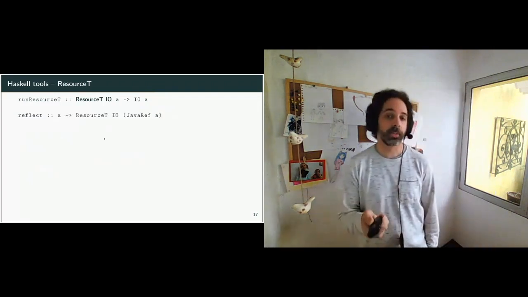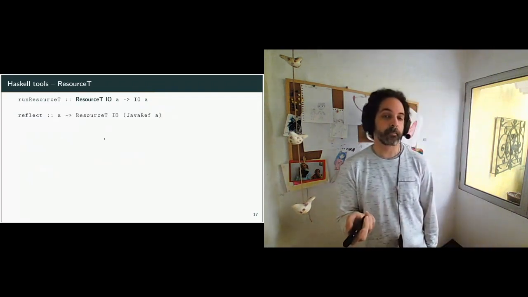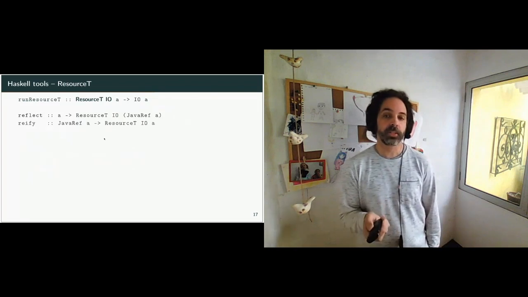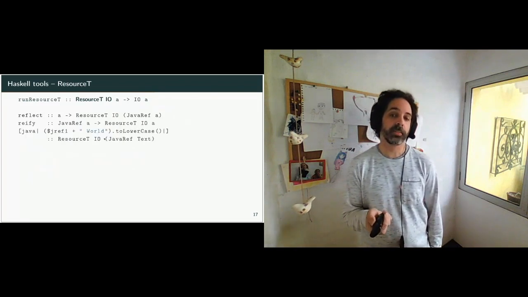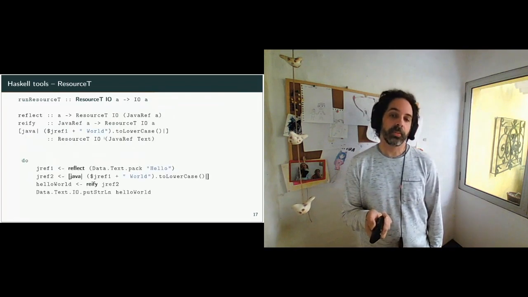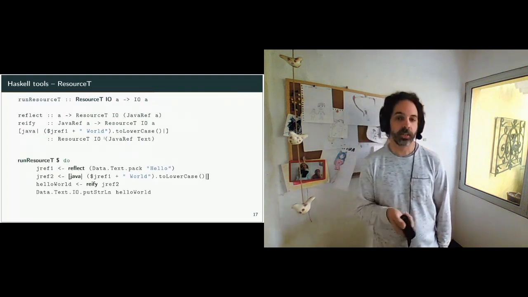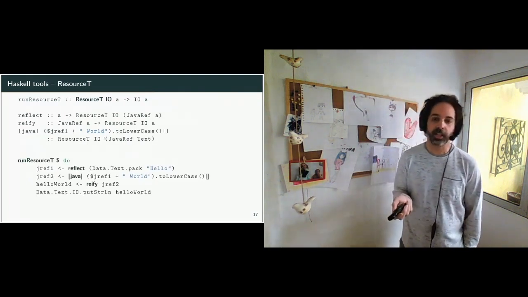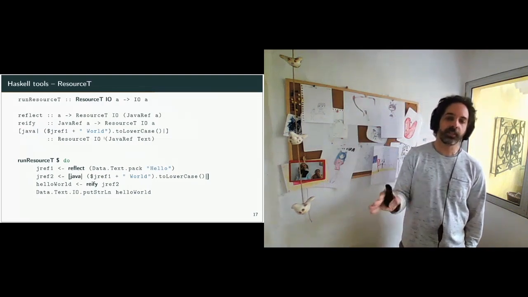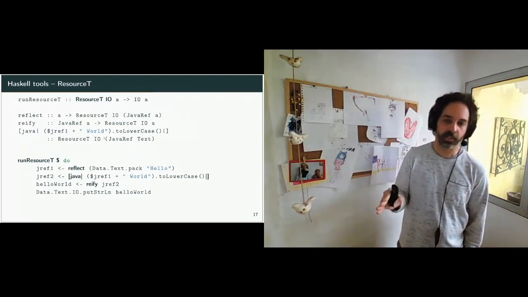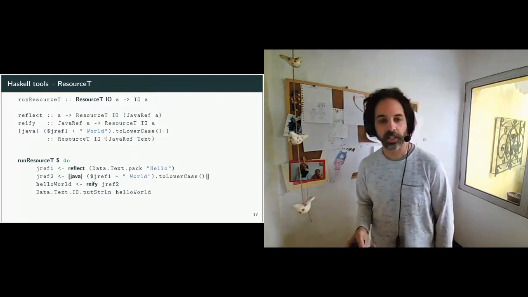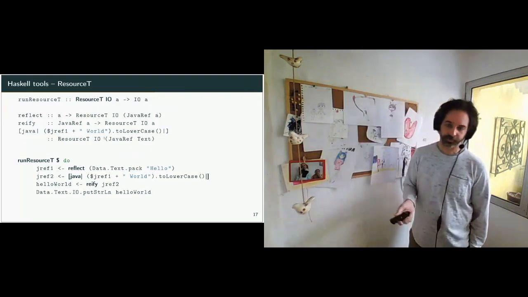So then we modify our API to use this monad instead of I/O. And when we surround our Hello World program with a call to runResourceT, we get the assurance that at the end, when we finish the execution, all resources will be reclaimed.